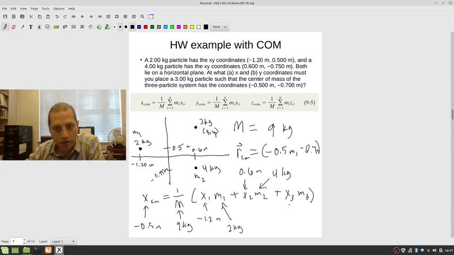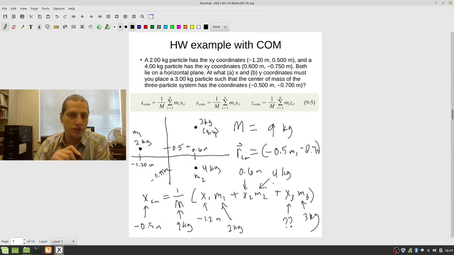And then my x3, that's what I don't know, but I am given that my m3 is 3 kilograms. Okay, so this problem is actually not that bad because you know everything in this equation, you just have one unknown. So you don't have to do anything tricky, just plug in all your numbers and then solve for x3. All right, and you can do the same thing with y.